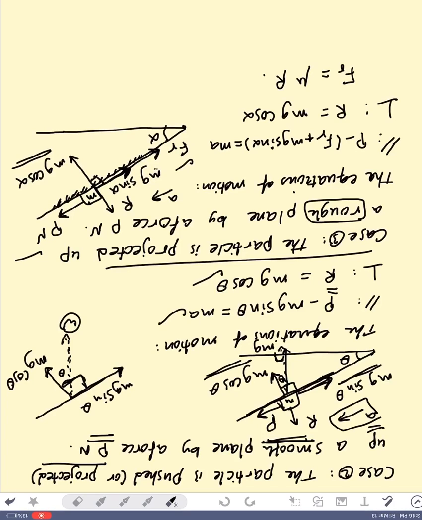We do add them, because both of them are opposing the main force, my dear students. So the equation of motion here, the force F here is what? It's the difference between P and the sum of Fr and mg sine alpha, equals ma. R is equal to mg cosine alpha.